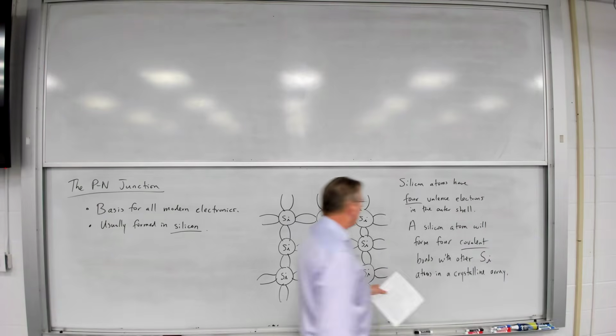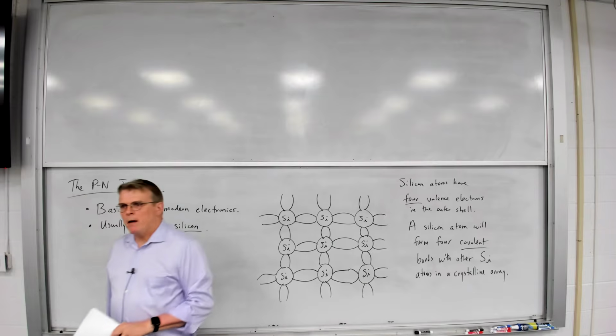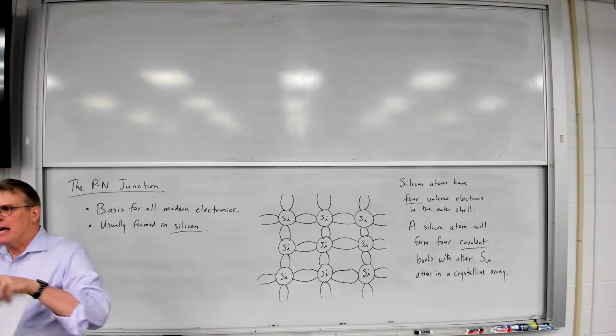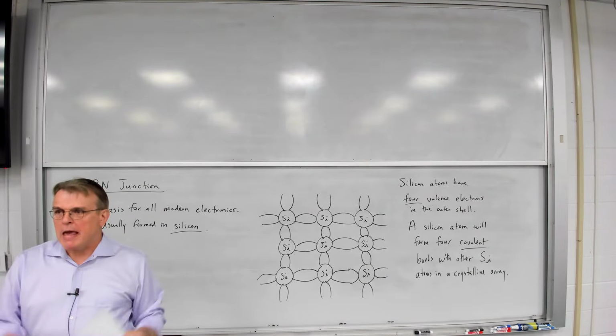So we've got a crystalline array, 4 covalent bonds. In effect, every silicon atom gets to have 8 electrons.